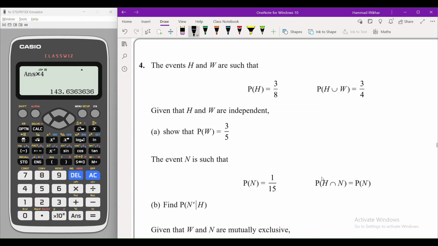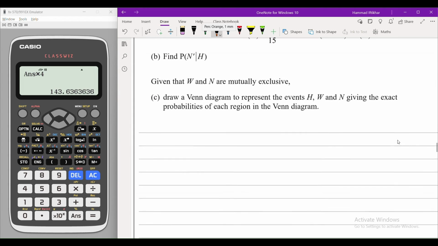The events H and W are such that probability of H is equal to 3 by 8 and H union W is 3 by 4. Given that H and W are independent, independence means that probability of H intersection W is just the product of the individual probabilities. So let's write this over here.